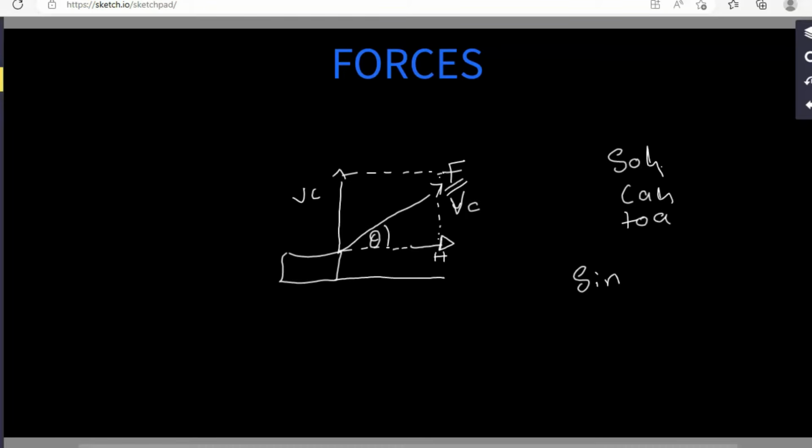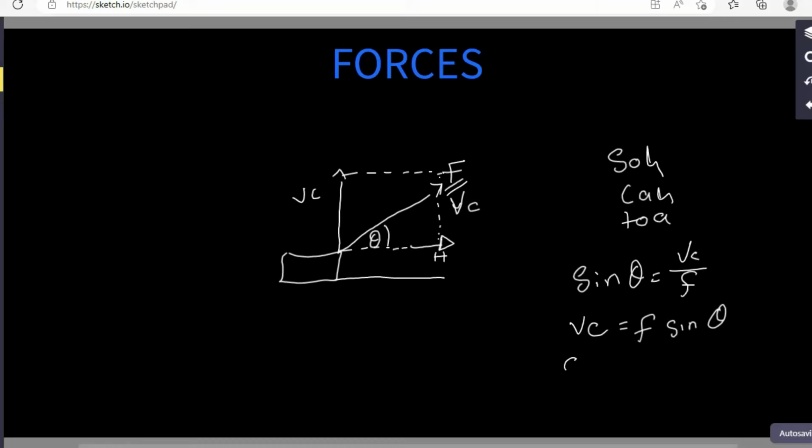Sine is opposite over hypotenuse, sorry. Which one is the opposite? The vertical component. The hypotenuse is F because we are using this angle. Therefore, the value of the vertical component will be given by F sine theta.